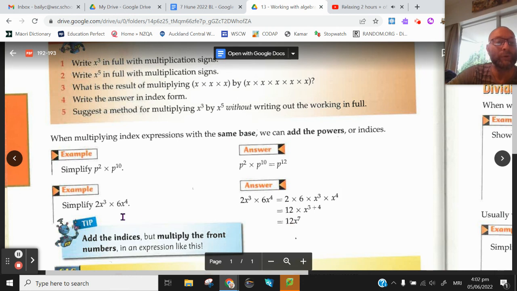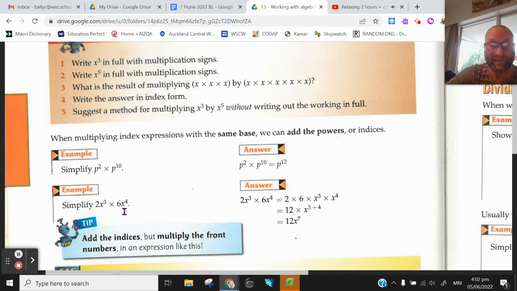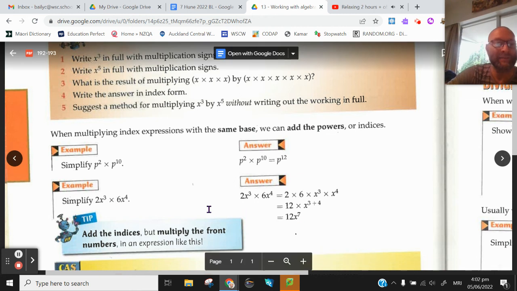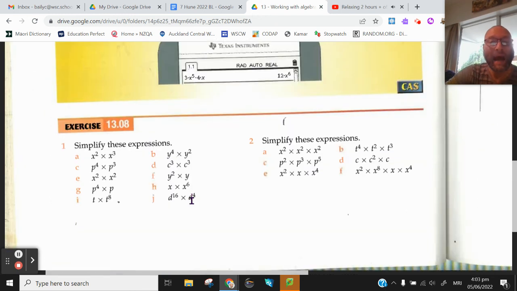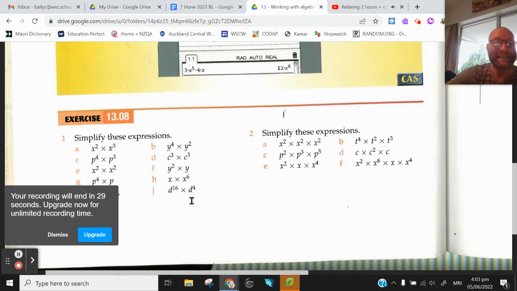And x to the power 3 times x to the power 4. Since the base is the same, that base being x, all you do is add the indices. And 3 plus 4 gives us 7. Okay, so here's the tip. Add this to your notes. Add the indices, but multiply the front numbers in these expressions. Okay, now we're ready for exercises 1308.